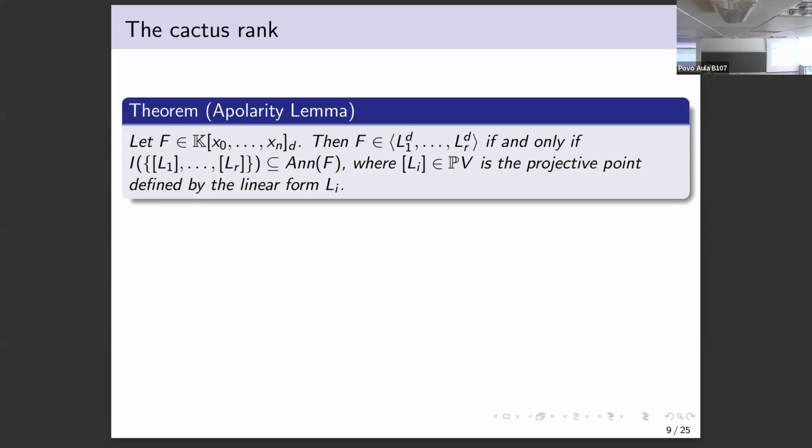And this definition is here in the Apolarity Lemma, which says that it bridges these two decompositions with this polarity theory, and says that a polynomial can be expressed as a sum of powers of the forms L1, L2, all the way to LR, if and only if the ideal that these linear forms define, so I should think of the linear forms as points in the projective space, is contained in the annihilator.